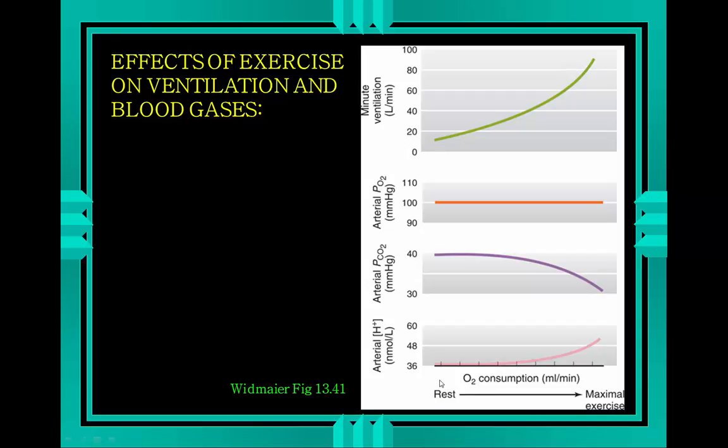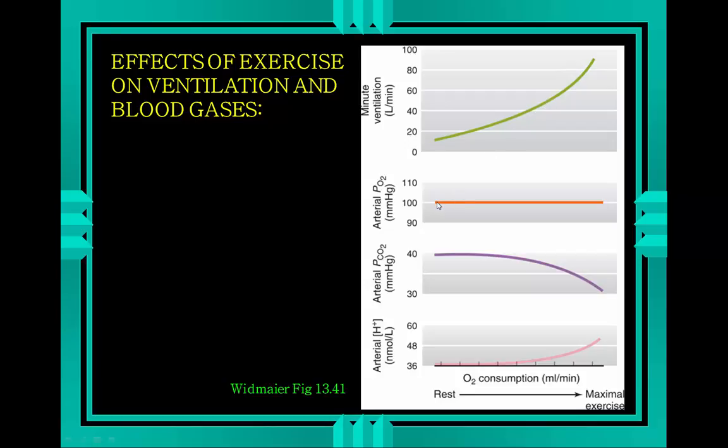Period of rest on the left on the x-axis, and the change that happens with exercise, and we're increasing the intensity of the exercise as we move to the right. So what do we see? As verified earlier, we see that with exercise there's an increase in pulmonary or minute ventilation, and this is somewhat proportional to the amount of exercise you are doing.